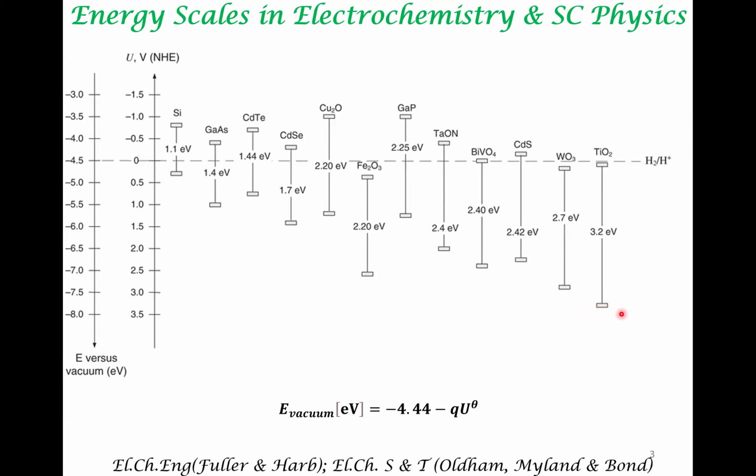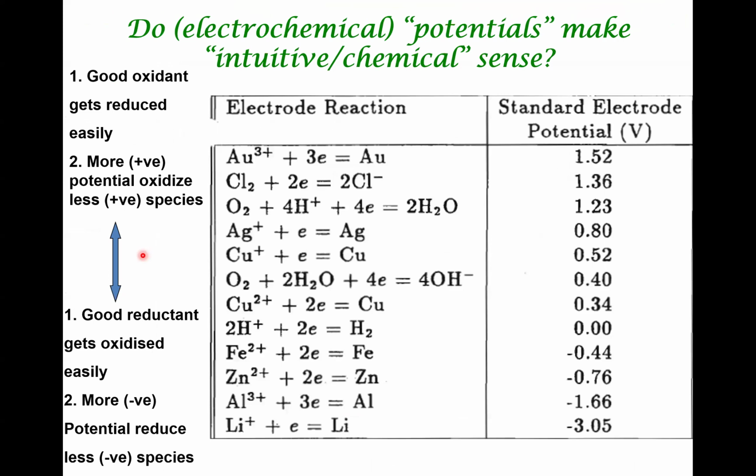And there is the conduction band and there is the valence band of these semiconductors. So when we specify the conduction band position and the valence band edge position against this electrochemical scale, what are we talking about? Again, try to relate to this kind of representation.